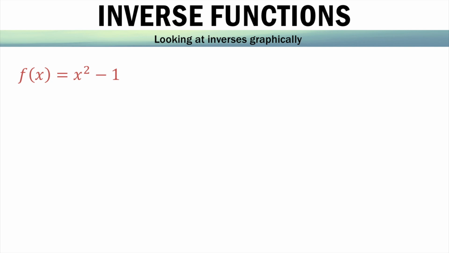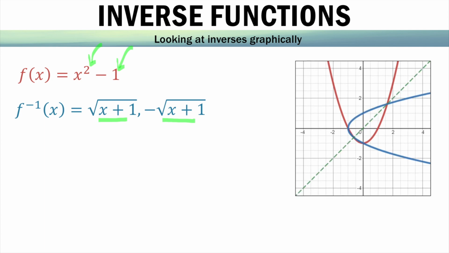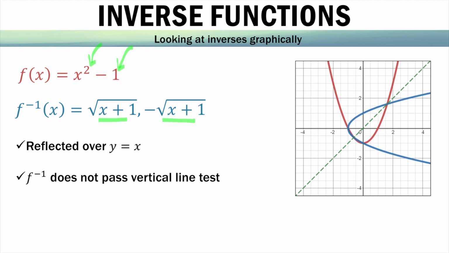Well, let's look at x squared minus 1. We've got an index of 2, so that's a parabola, and it's shifted down 1. Its inverse is kind of this piecewise function, comes in two parts, the square root of x plus 1 and negative the square root of x plus 1. And again, it's reflected over the line y equals x. However, it does not pass the vertical line test.